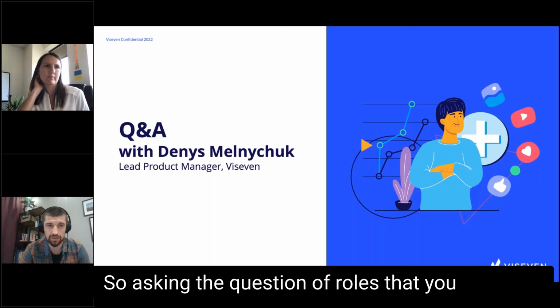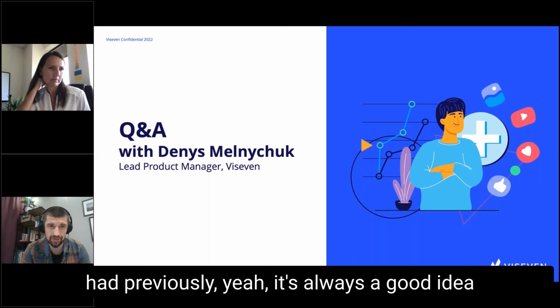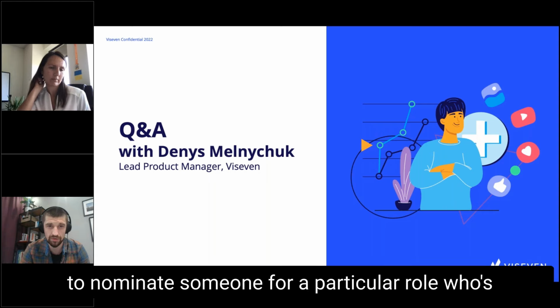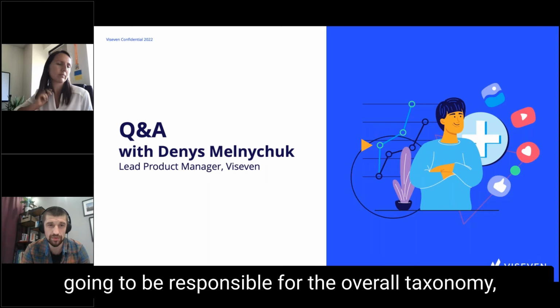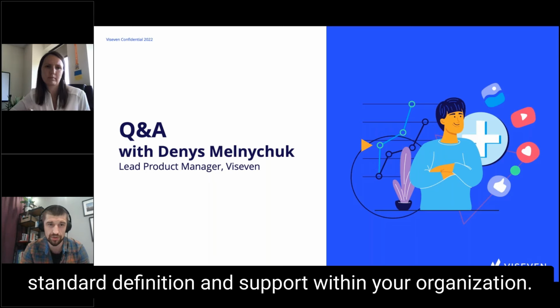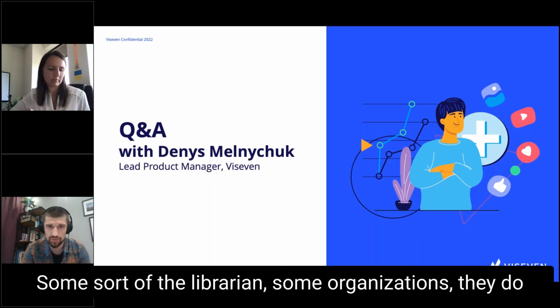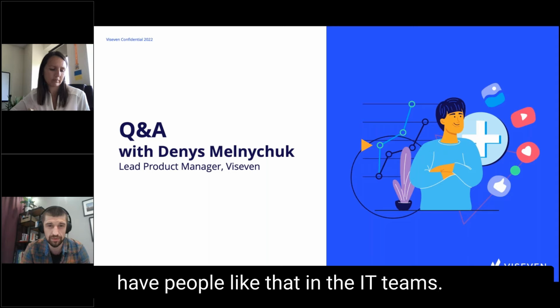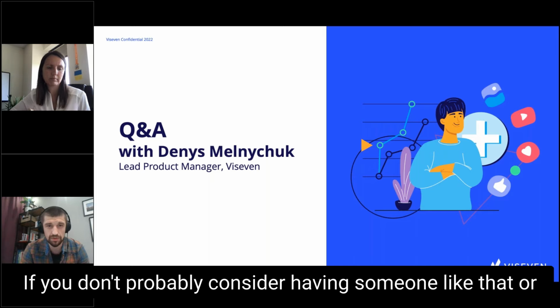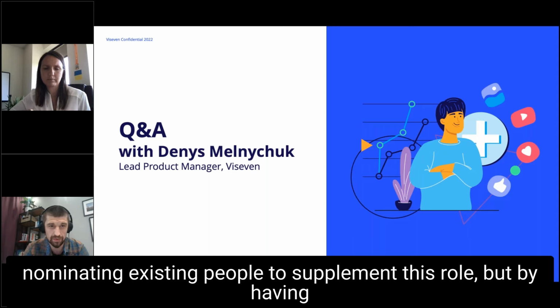So, regarding the question of roles that you had previously, it's always a good idea to nominate someone for a particular role who is going to be responsible for the overall taxonomy standard, definition and support within your organization. Some sort of librarian; some organizations do have people like that in the IT teams. If you don't, consider having someone like that or nominating existing people to supplement this role.